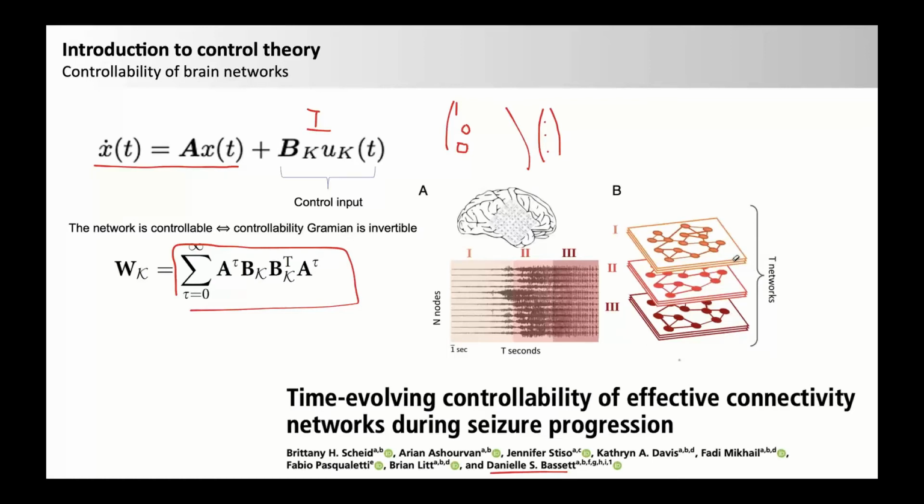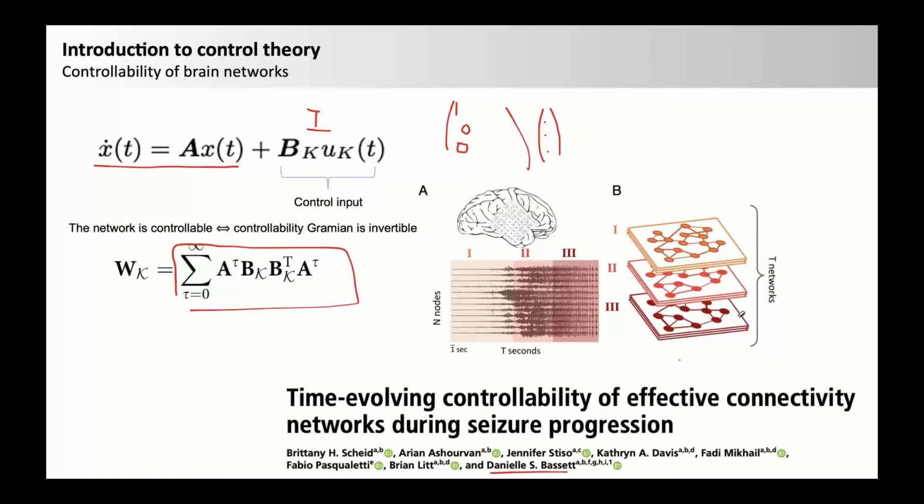So every few seconds, they took the data together, made a network and checked which would be a good target, which region would have the highest controllability. Then in the next few seconds, taken together, here this region would be nice, here this region would be best to stimulate and bring the system out of its state, which is in epilepsy during seizure, you want to reach another state than the epileptic seizure state.